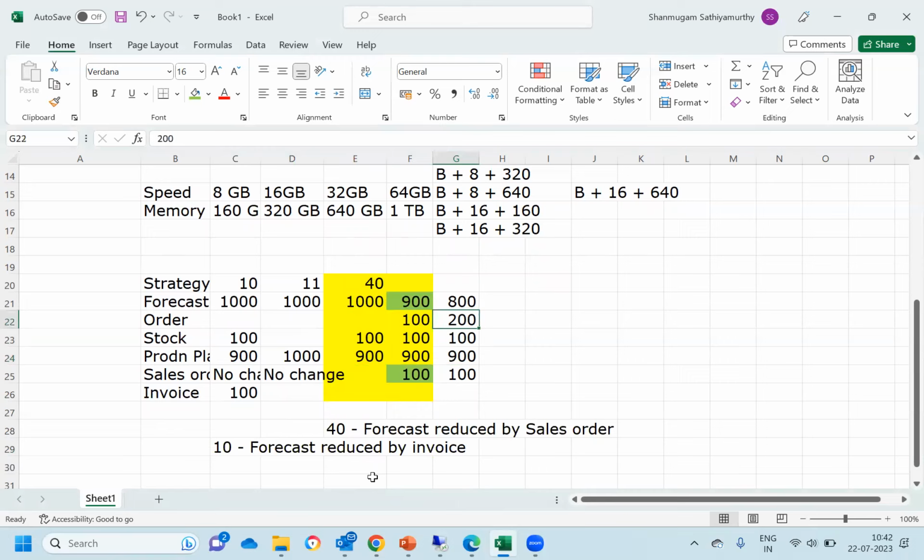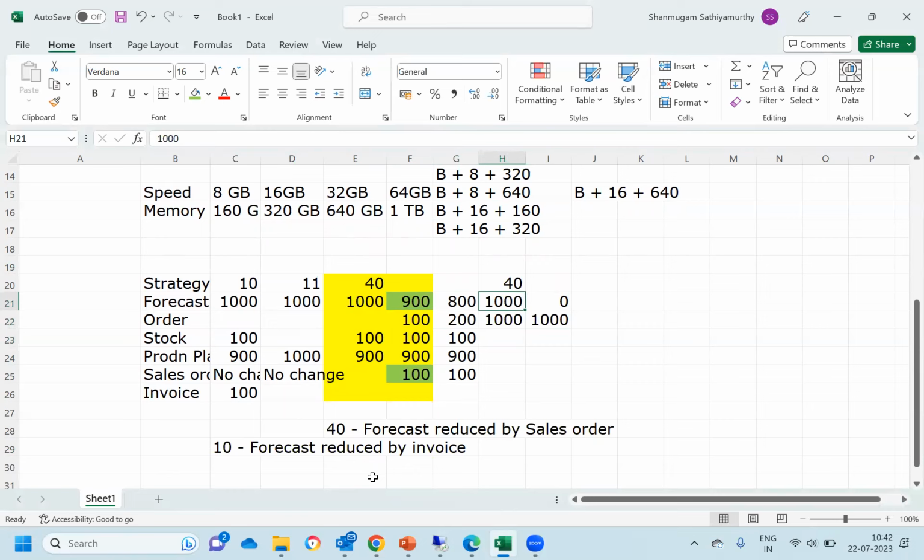Yes, sir. Now 40 has another characteristic. What is it? For example, I have the plan for 1000. I received orders for all 1000. This means the forecast will become 0 and the order becomes 1000.